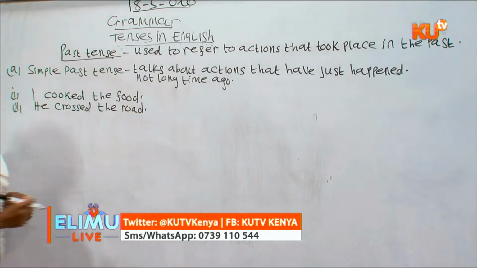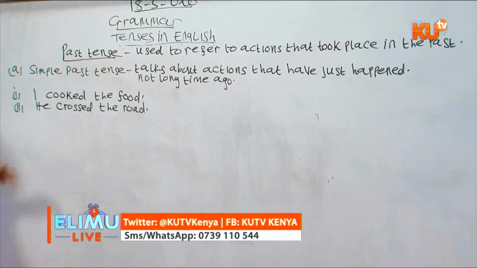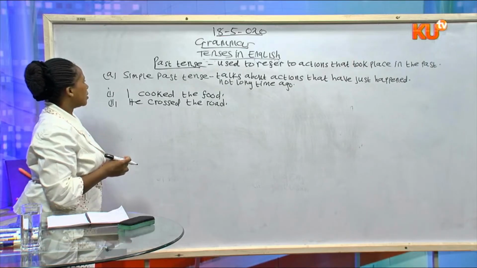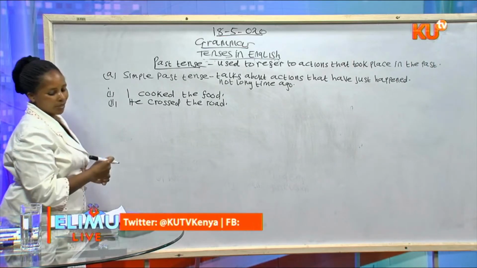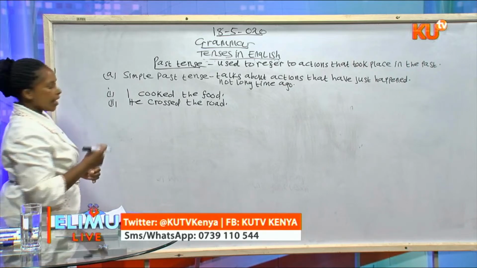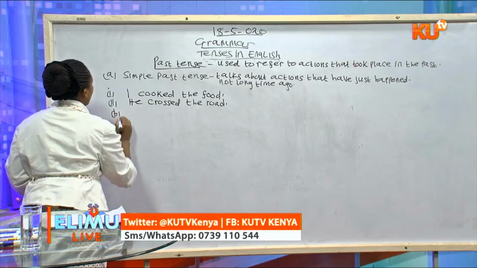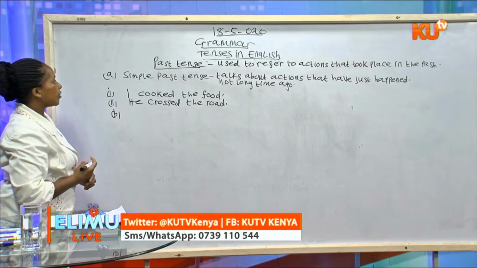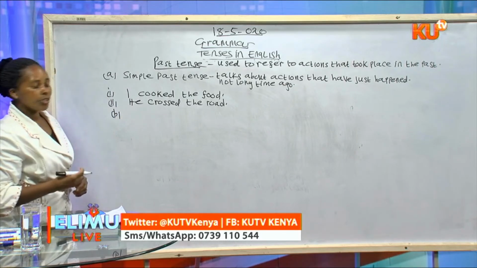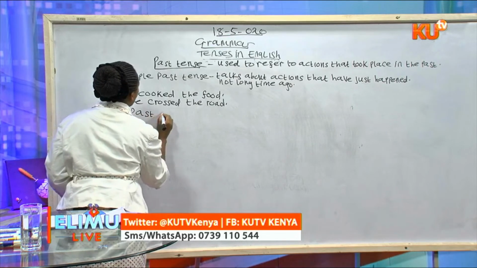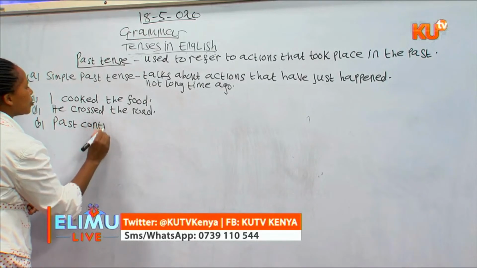We put some full stops there because of punctuation. So that is simple past tense. Apart from the simple past tense, we have another category of the past tense, which is the past continuous tense.